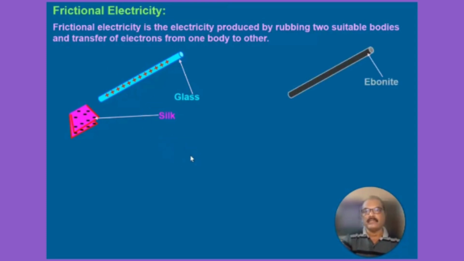Next one is your ebonite rod. Ebonite is made up of plastic material, almost all, and flannel means wool, yellow color, is kept over here. You can see once again what is happening.